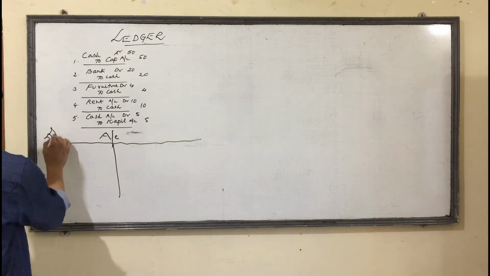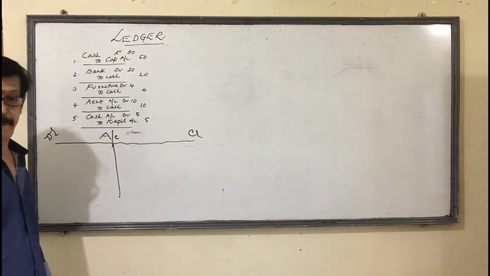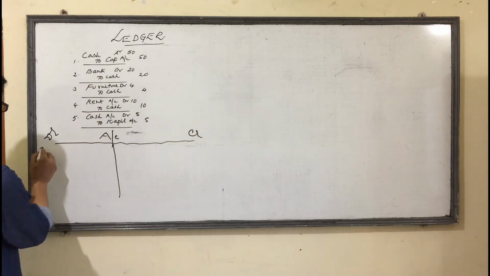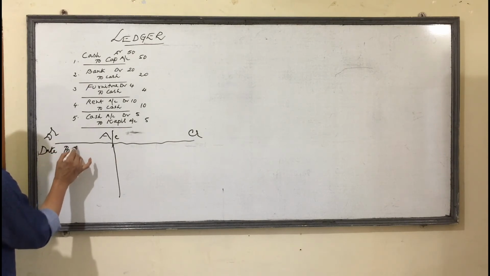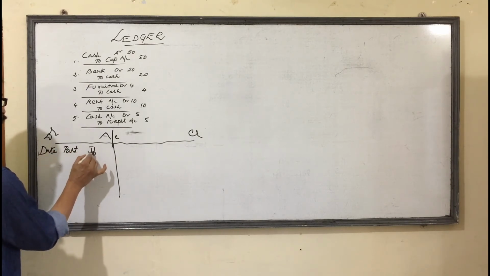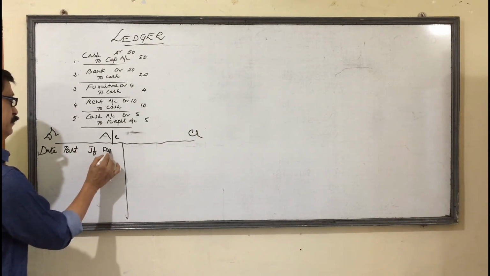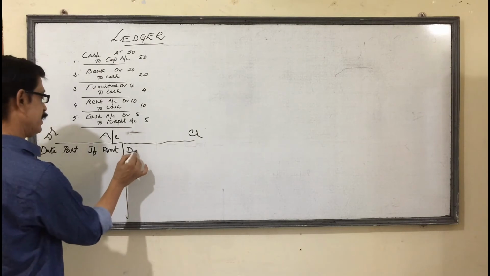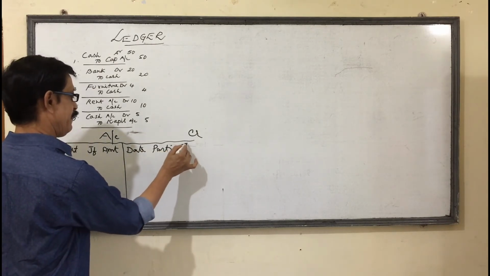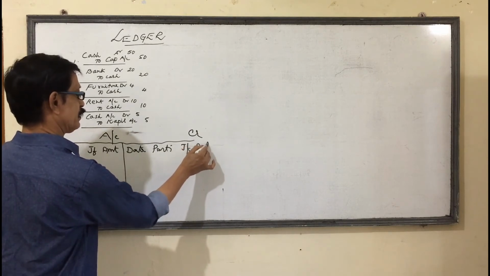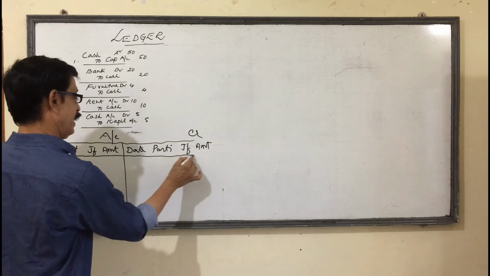Left side is called debit side, right side is called credit side. There are 4 columns: date, particulars, JF, and amount. There are 4 columns on both sides.